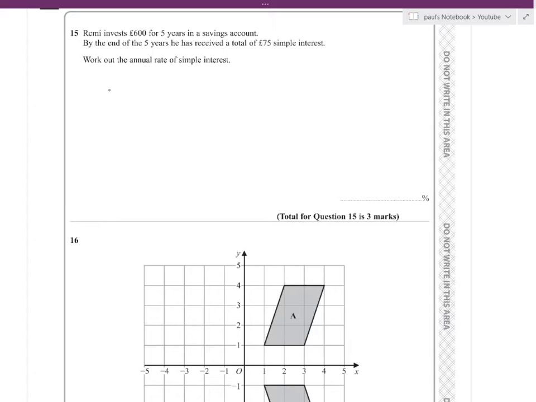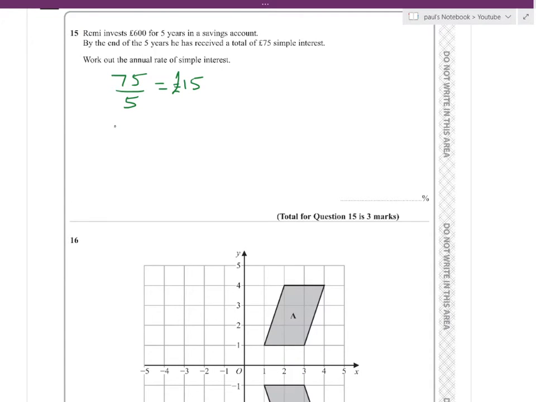So it's 5 years, so we do 75 divided by 5. It's 15. Annual rate, so he gets £15.